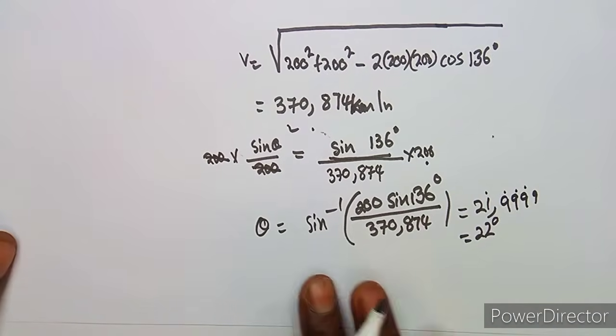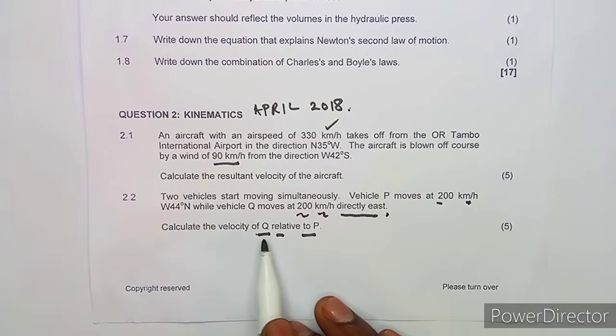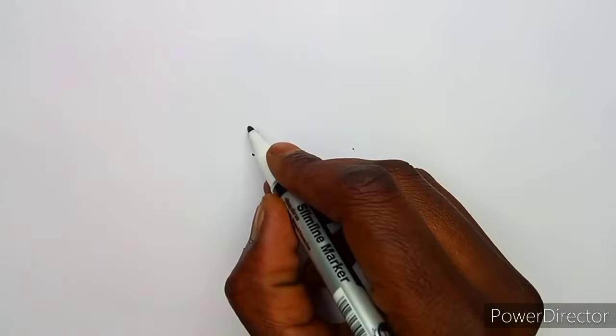So therefore, the resultant, the relative velocity that we are given. All right, let me bring back my question here. The velocity of Q relative to P is going to be this one.